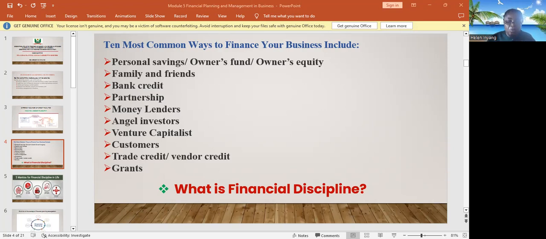There are organizations out there looking for whom to help, especially people with vibrant businesses, and they can invest in your business. And then at the end of it, you share your profits. You share the income together.